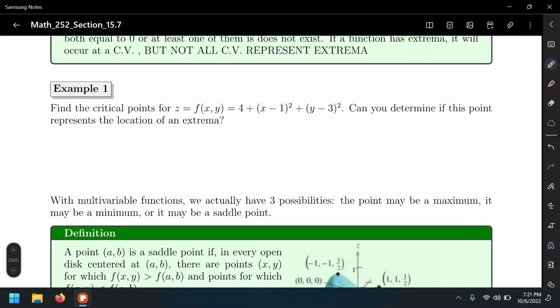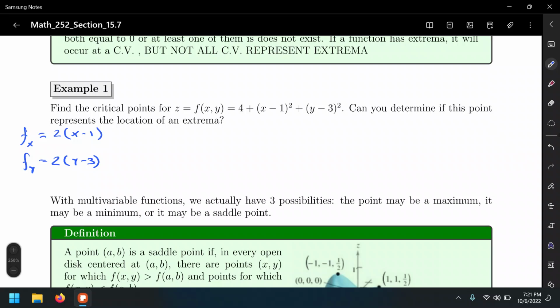Over here we're going to take the partial derivative of f with respect to x. Well, the derivative of 4 is 0. The derivative, using the chain rule, is going to be 2 times (x minus 1), and the partial derivative with respect to y is going to be 2 times (y minus 3).